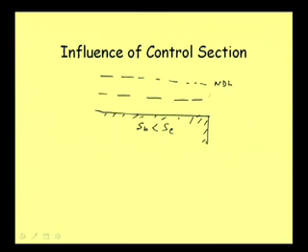Let me extend this line, CDL. So we know that in nature the flow will be moving based on this bed slope, the flow is coming as uniform flow here.